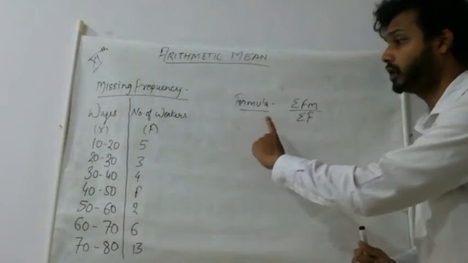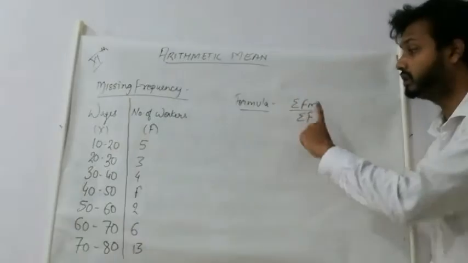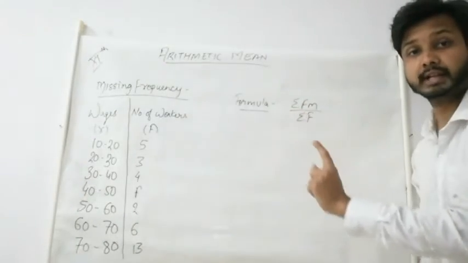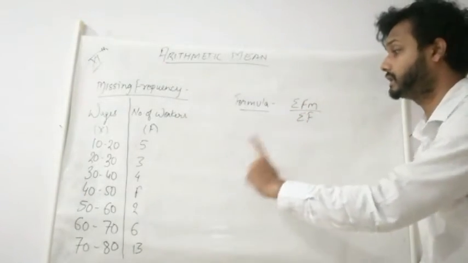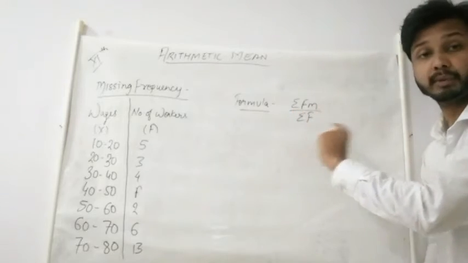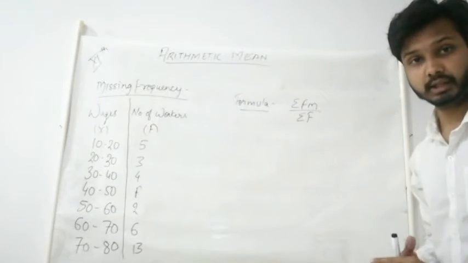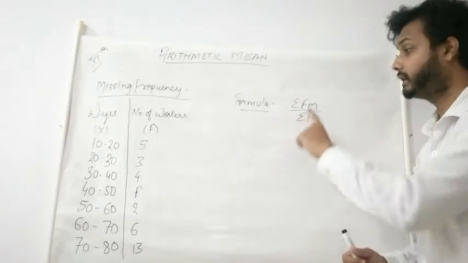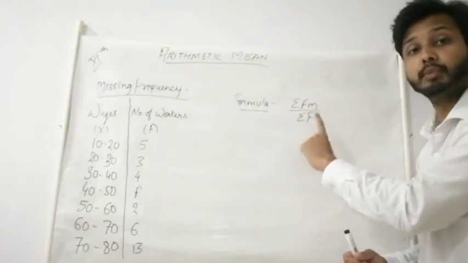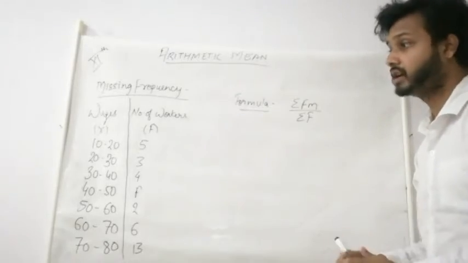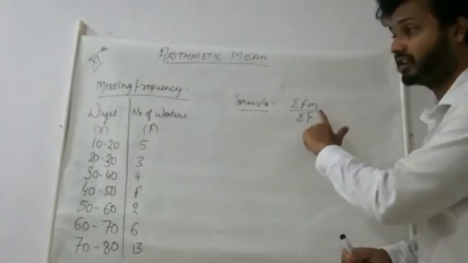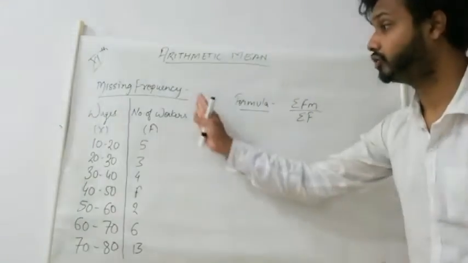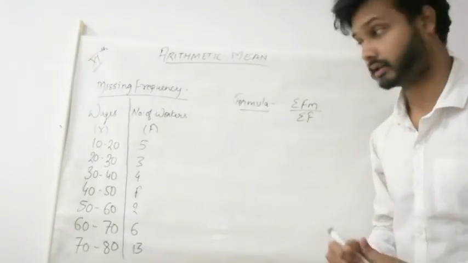First of all, the formula here used will be the basic formula that we use in direct method of continuous series. Okay, summation of fm upon summation of f, this will be used. If it would have been discrete series, here it will be summation of fx upon summation of f. Okay, so summation of fm, it means that firstly we need to find out the mid value here. Clear?